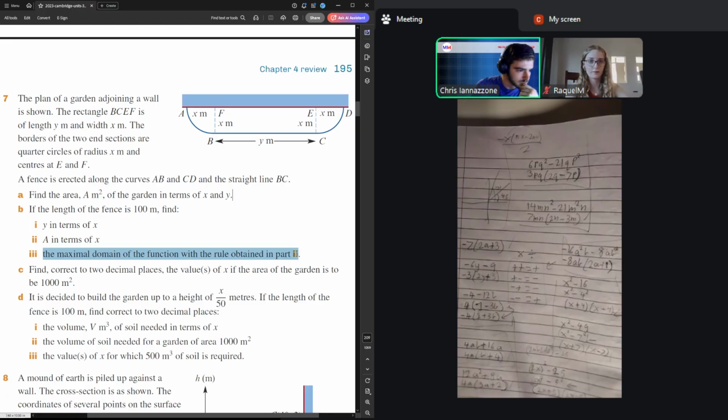And then maximal domain. So this is where, depending on which way you do it, it may be easier or harder. You've got the easier way to look at it.